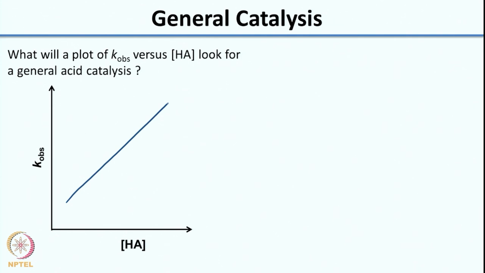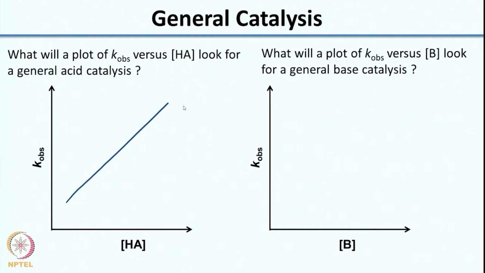Alright. Now what will the plot look like for general base catalysis? So now you are plotting K observed with respect to concentration of B. I want you to think of what the graph will look like. Again press the pause button and write it in your notebook. So let us see if you got this correct.